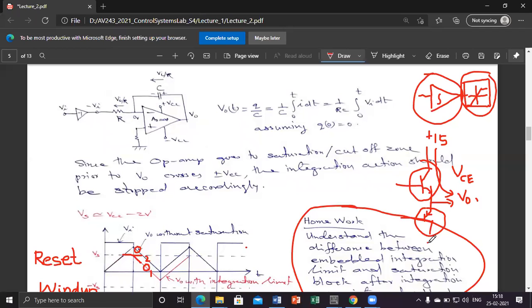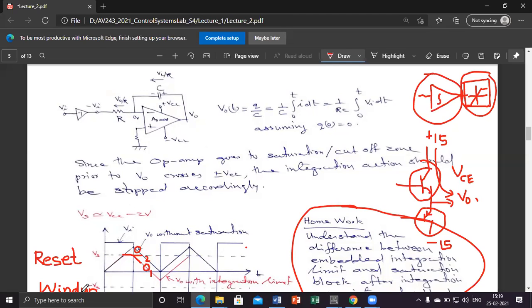Sir, but we have rail-to-rail op amps, which can very closely achieve VCC. If you have it, that is all device specific. I am only sensitizing you: you have to subtract some offset.